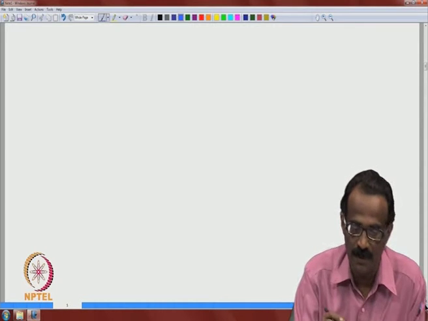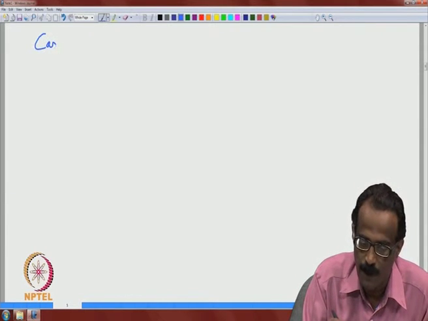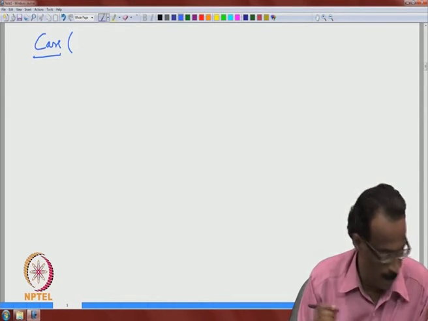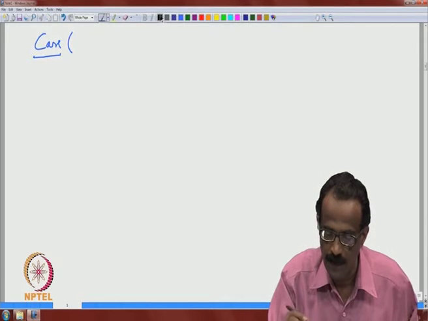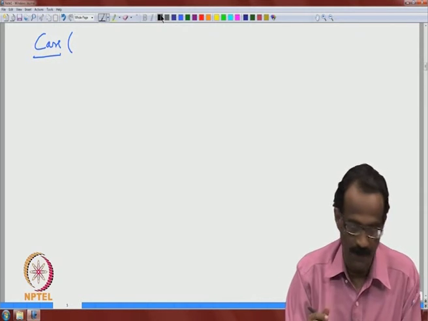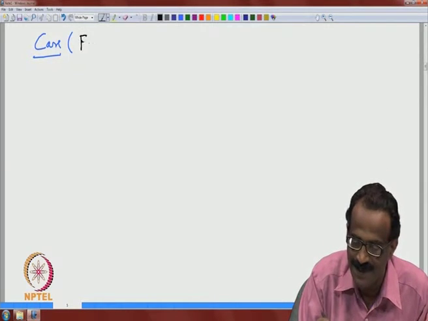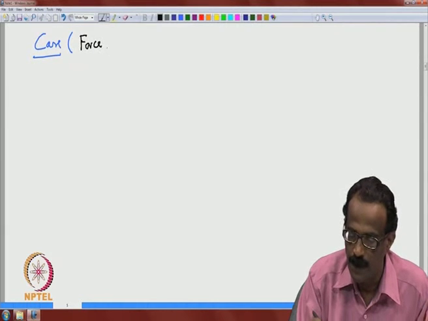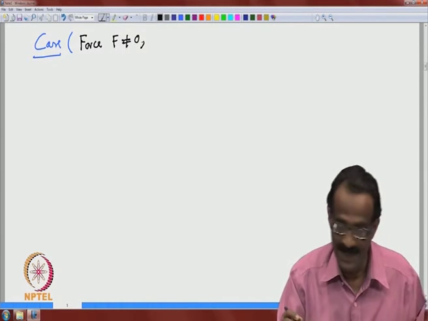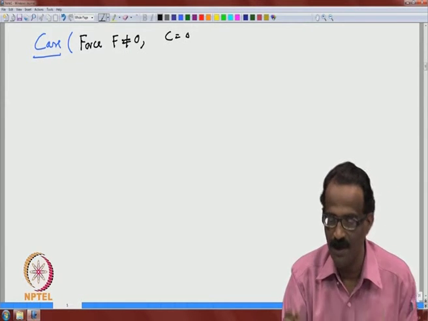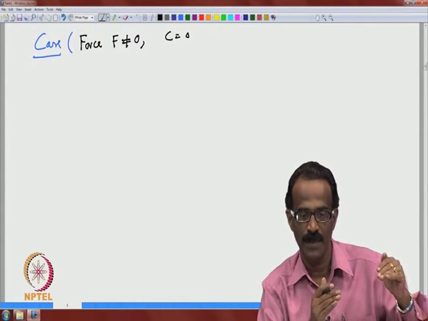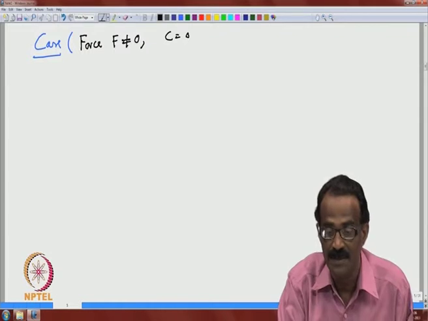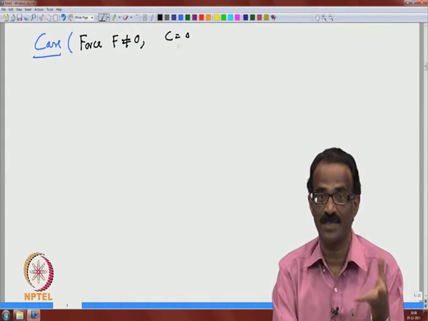Now, let me go to the next case, where you have force F not equal to 0, but you take C equal to 0. So, we analyzed the case when F equal to 0, both C equal to 0 and C not equal to 0, and now we are trying to analyze the case when there is an external trouble or external advantage.